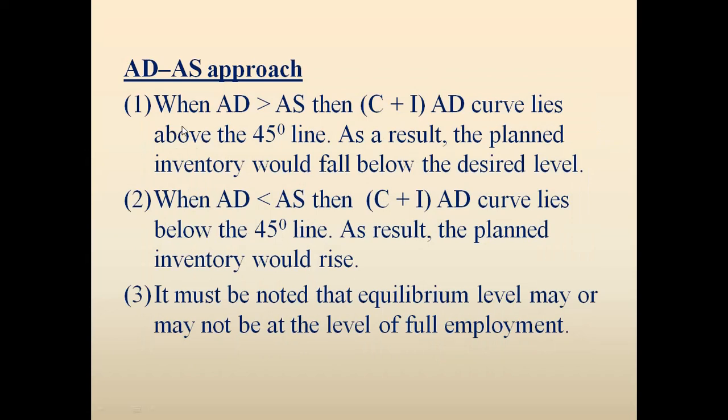Now let us see the following observations here. When aggregate demand is more than aggregate supply, then this curve lies above the 45-degree line. As a result, your planned inventory would fall below the desired level. It's a very simple concept.